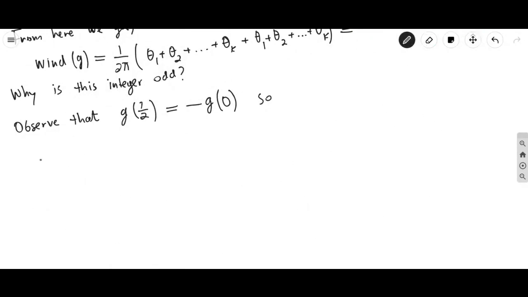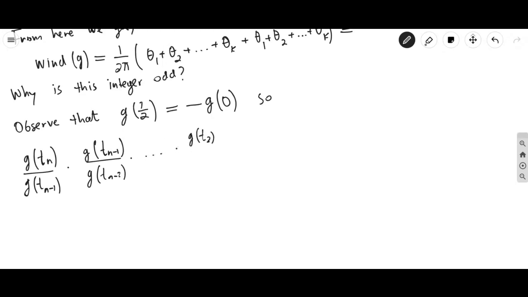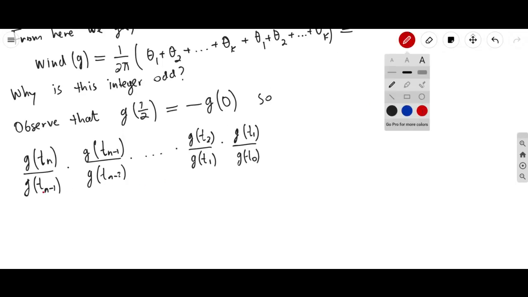Okay, so if we add up the angles, well, let me do it like this. So if you look at g of t_n over g of t_{n-1} multiplied by g of t_{n-1} over g of t_{n-2}, and so on, down to g of t_2 over g of t_1 times g of t_1 over g of t_0. This is, of course, a telescoping product.